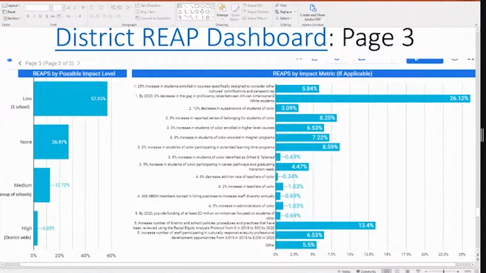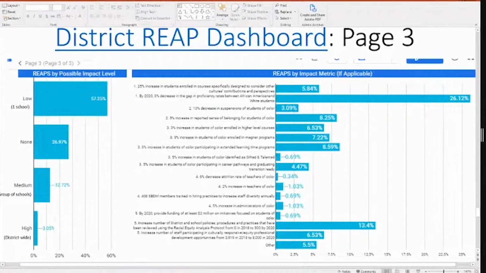We looked at the scope of how many schools it would cover. A REAP might cover an initiative that is a pilot for 3 schools, or something district-wide, or something for a certain level, like middle schools. So the initiatives varied in how many kids they would impact. That's number one, important to know.